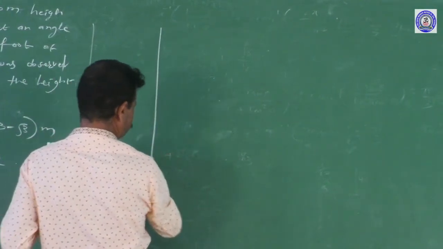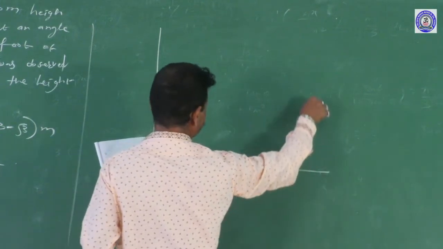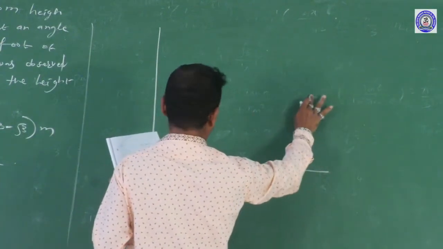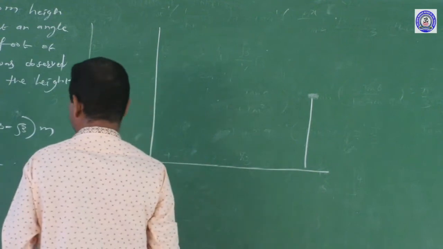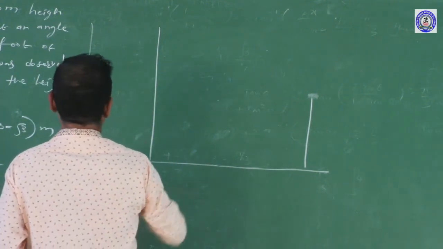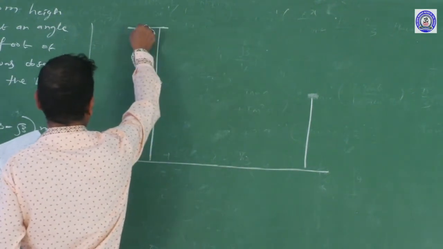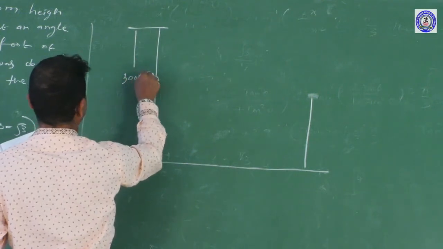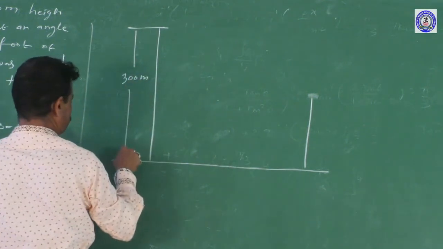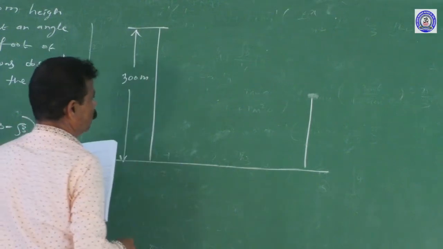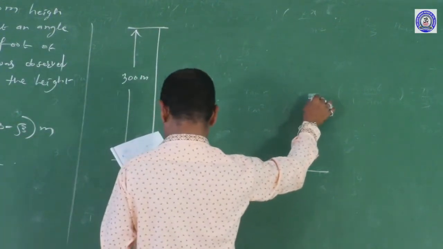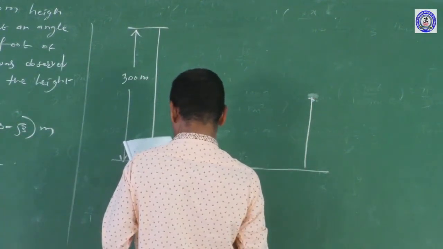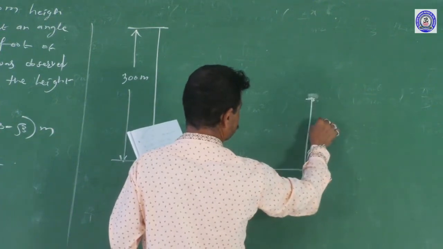This is the tower. This is the ground. This is the cliff. Height 300 meters. This height is given. This is the tower.